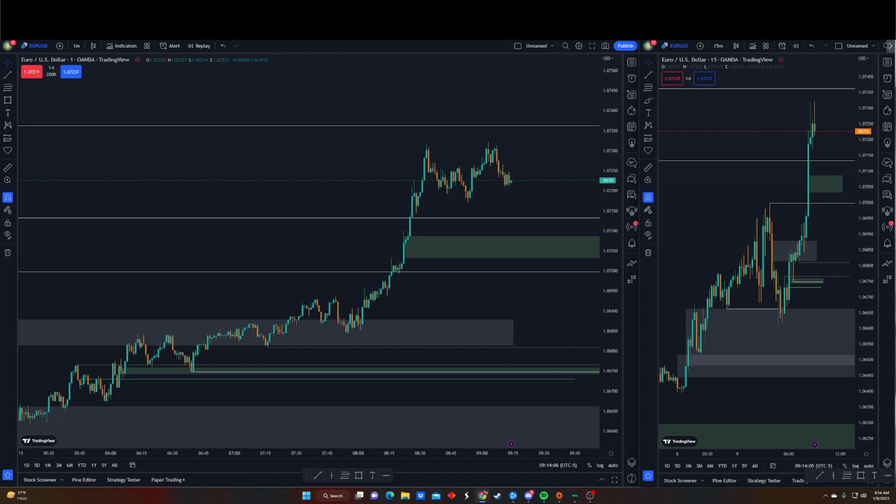We could consolidate. We could just be going into a consolidation and consolidate inside this 15-minute fair value gap till Asia. Asia could even do whatever. They could do whatever, and London could take this tomorrow. London could take that. But I want to see it tagged today.